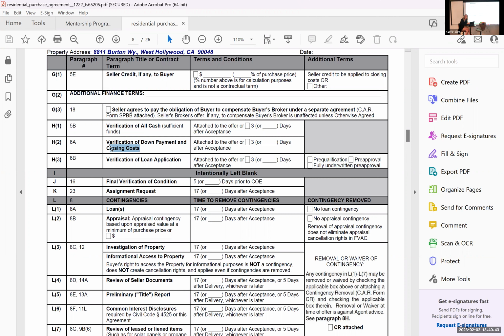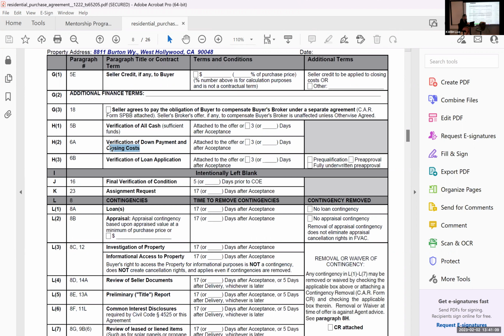No. But if a buyer is purchasing with a loan, their closing costs, and I'm always on the high side because high is better than too low, between 1.5% to 2% of the purchase price. So if they're putting 20% down on a $1 million purchase, and I need to show proof of funds for closing costs and down payment, what does that proof of funds need to be for?